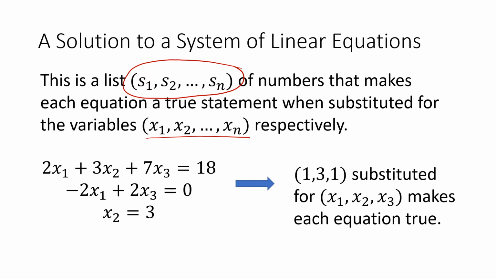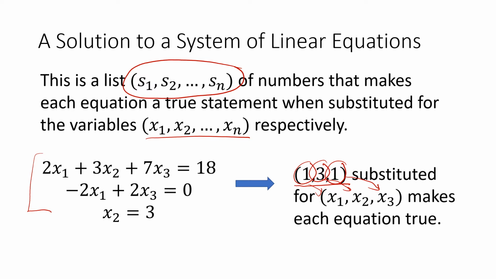So, for instance, I'm claiming that this system of linear equations has the solution 1, 3, 1. That means that if I take the number 1 and put it in for x1, replace x2 with 3, and replace x3 with the number 1, everything is going to be true.